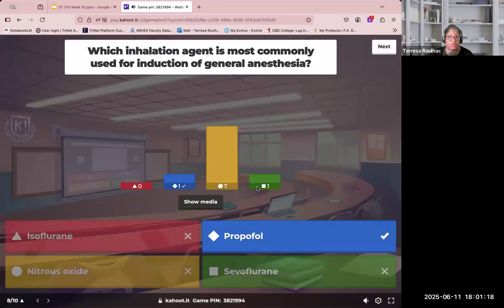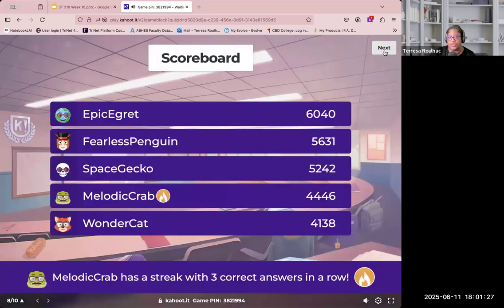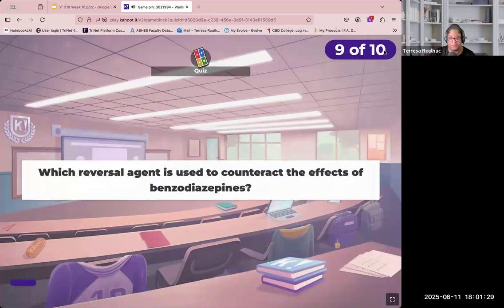It's actually propofol, most commonly used for induction. Remember, the easiest way to think of it is Michael Jackson. That's how I always remember that concept when it comes up.